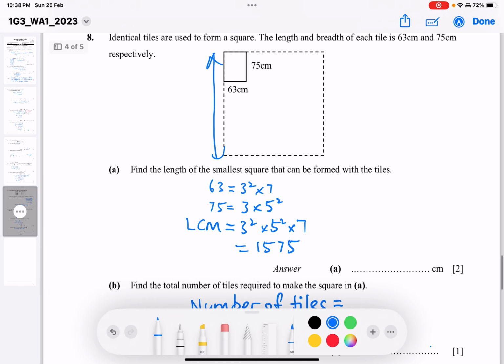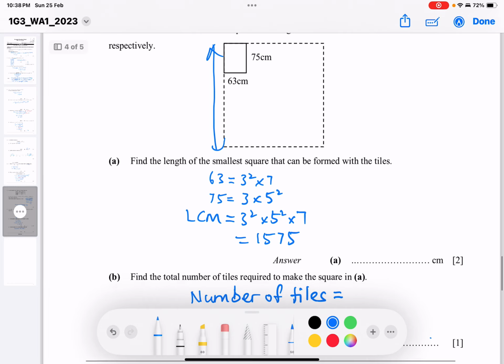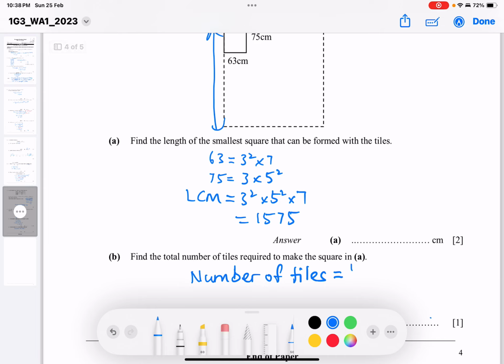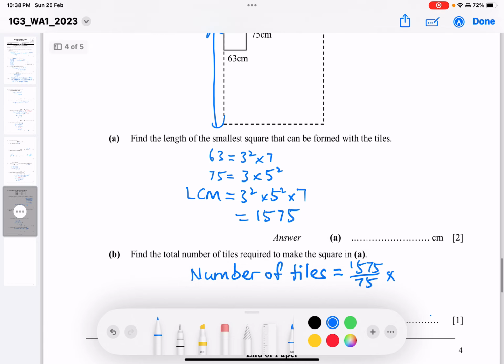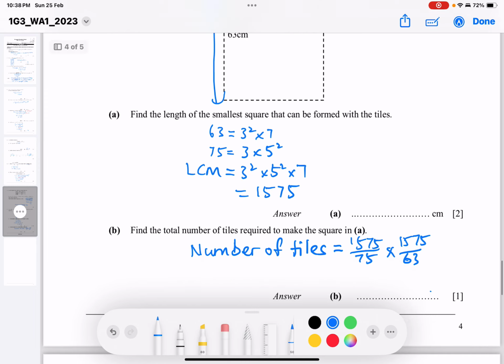So the number of tiles in the side is 1575 divided by 75, and the number of tiles in the top is 1575 divided by 63. And that gives us the number of tiles, which is 525 tiles.